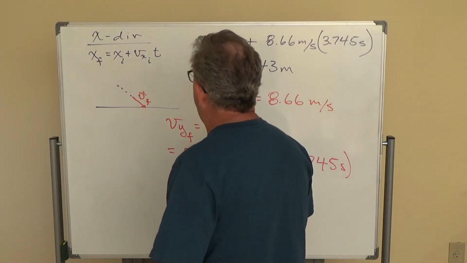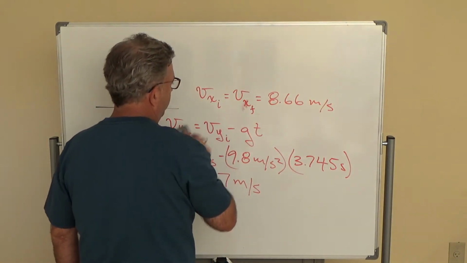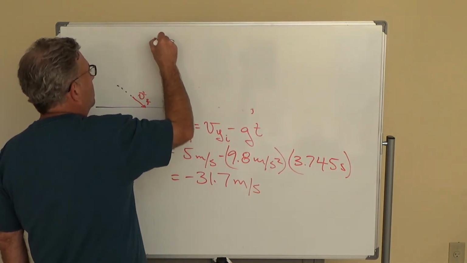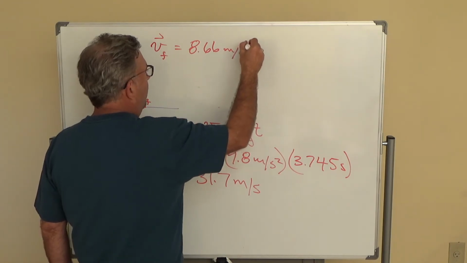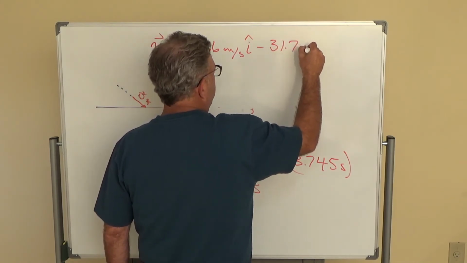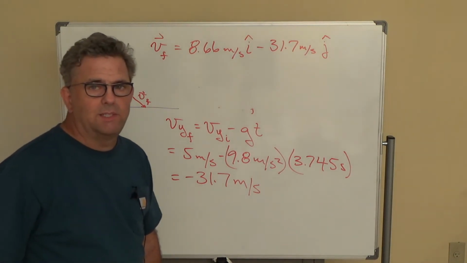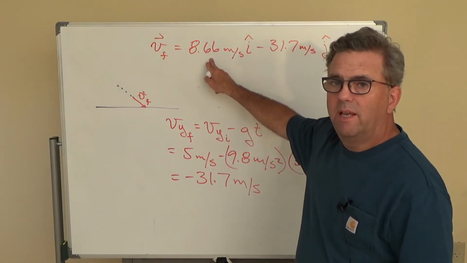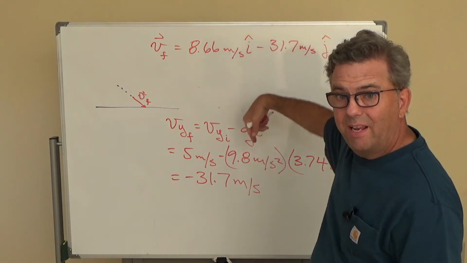So if I were to write this final velocity in component form, V final is equal to 8.66 meters per second i hat minus 31.7 meters per second j hat. That's the final velocity in component form. It has a magnitude of 8.66 in the x direction and a magnitude of 31.7 meters per second in the negative y direction.